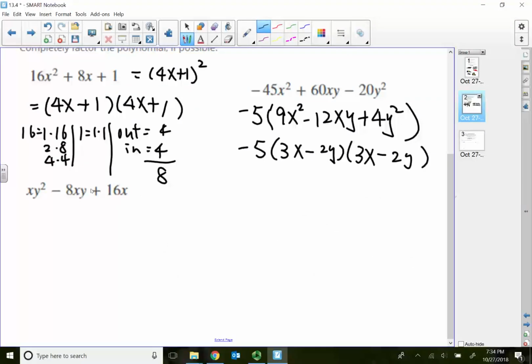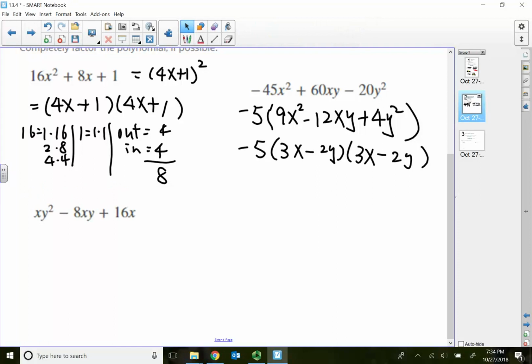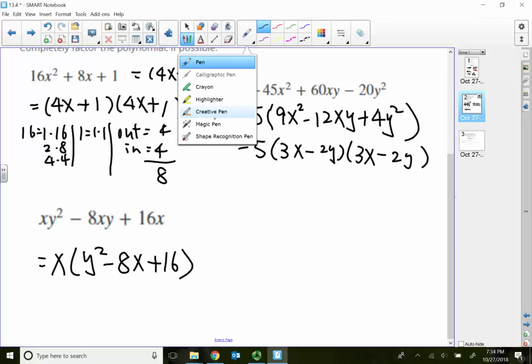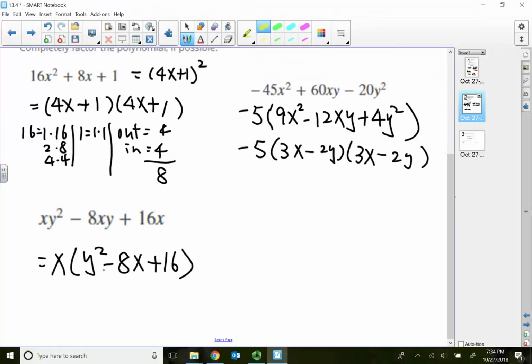All right, this example, I do have a greatest common factor because x is repeated in all three terms. If I factor out x, then I get (y squared minus 8y plus 16). This is a trinomial. As a matter of fact, this is actually a perfect square binomial, because for y squared, I'm going to use y and y.